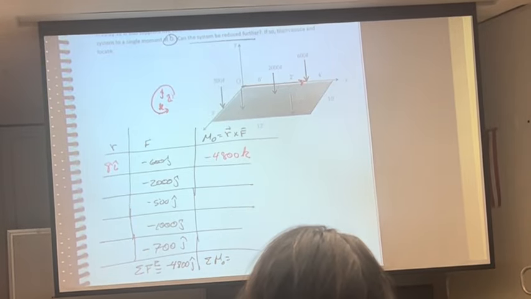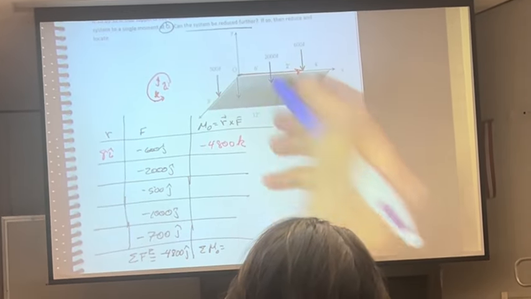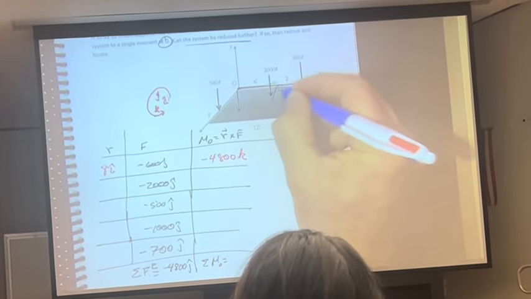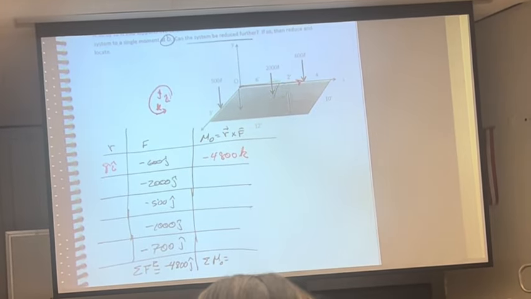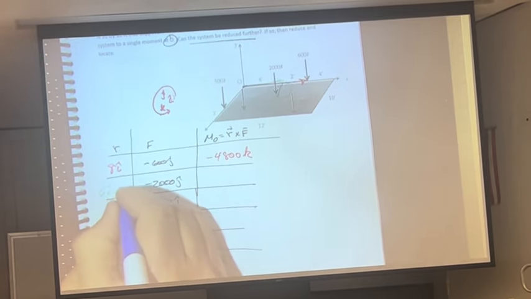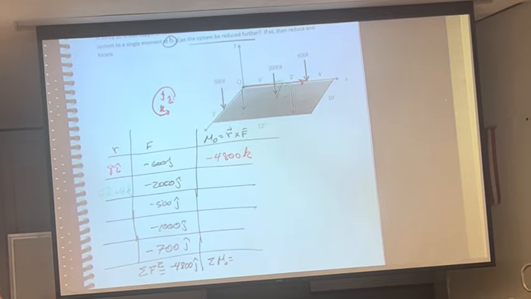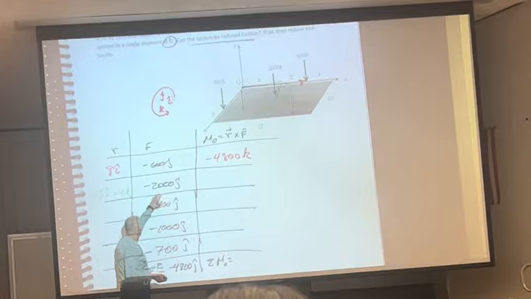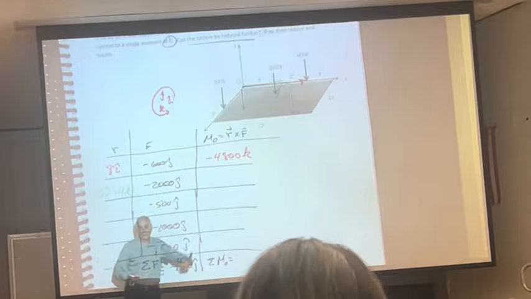2000. I'm going to go this way 6, and then this way 4. So technically, I'm going to do 6I plus 4K. Literally, 6 times 2,000 is 12,000, and 4 times 2,000 is 8,000.